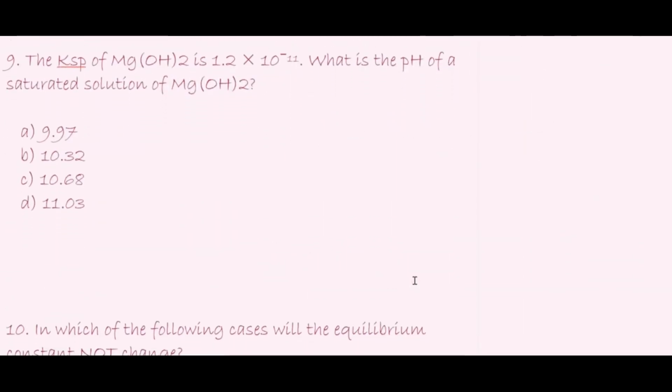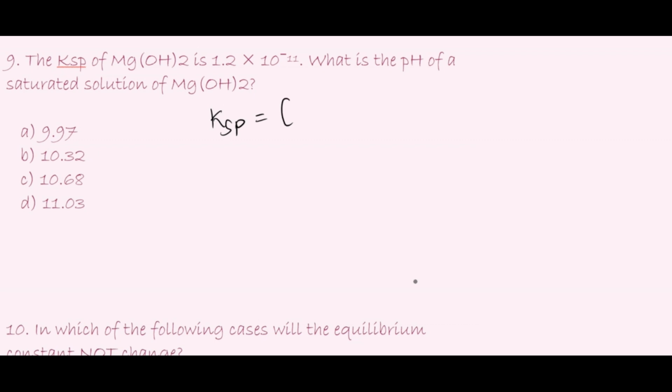Okay, the next question. The KSP of magnesium hydroxide is this much. What is the pH of the saturated solution? What is the relationship between pH and KSP? That is so simple, guys. Don't miss this type of question. KSP questions are very simple, right?